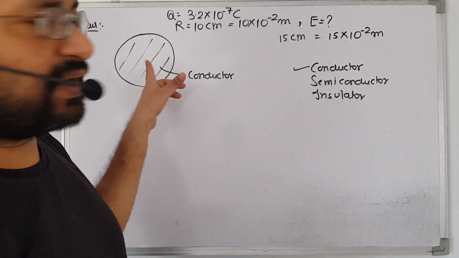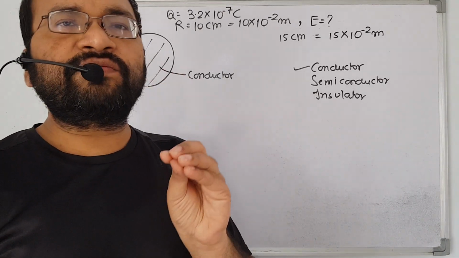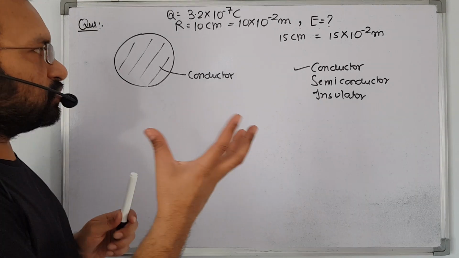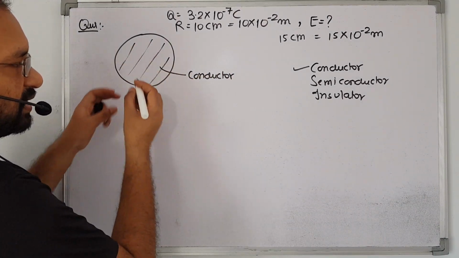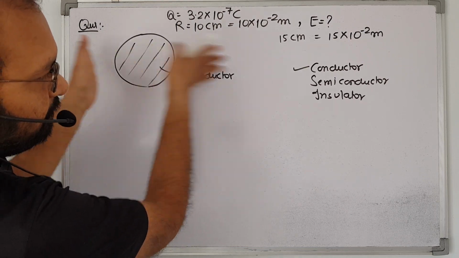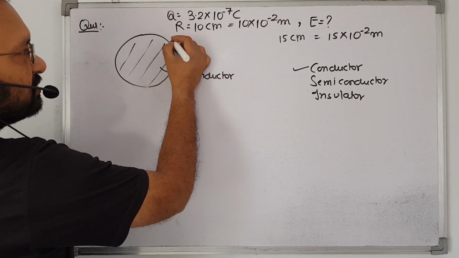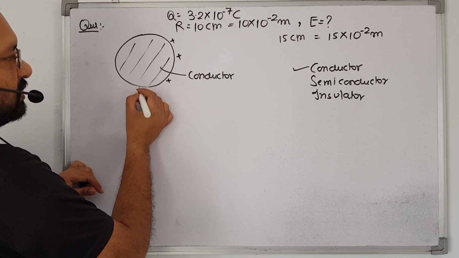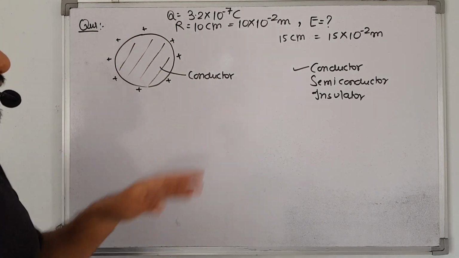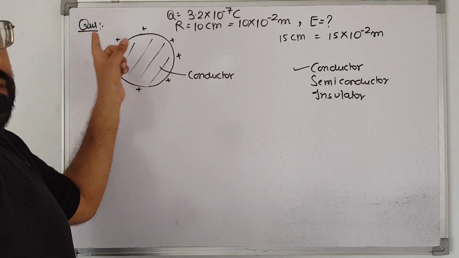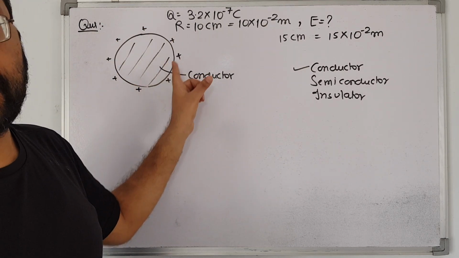Obviously they can move, this is a conductor, and charges always repel each other. So whenever you put any charge in this volume, charges will repel each other and reach the surface of the conductor. So in case of a conductor, charges will always reside at the surface.